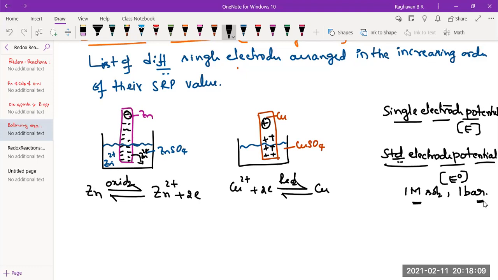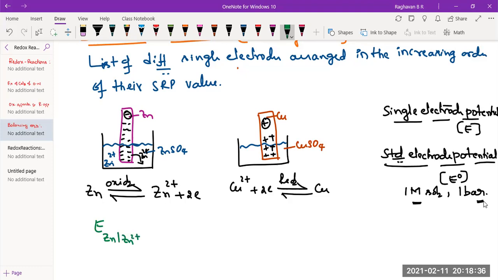So now at an electrode, there may be reduction happening, there may be oxidation happening. The potential developed during oxidation is called oxidation potential. So at the zinc single electrode, what potential is developed? Oxidation potential. How do we represent this oxidation potential? E for electrode potential. Oxidation means zinc atom becoming zinc ion.